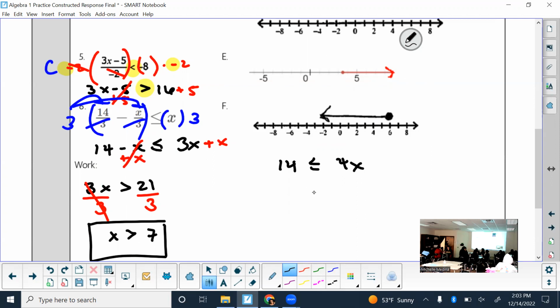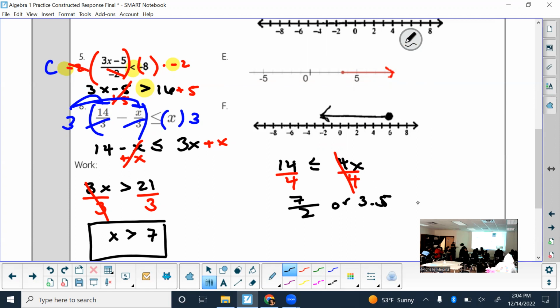And then x is still not alone, what's opposite of multiplying by 4? Now, on the left side, that is 7/2, or what's the equivalent decimal? 3.5. That one's acceptable because it ends.